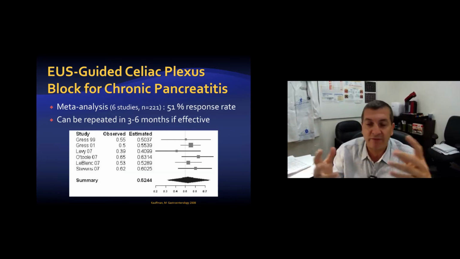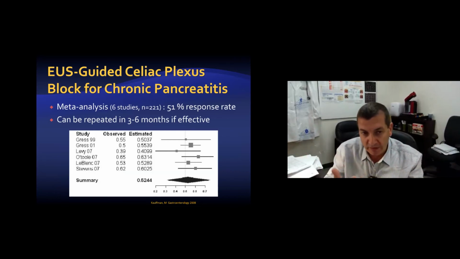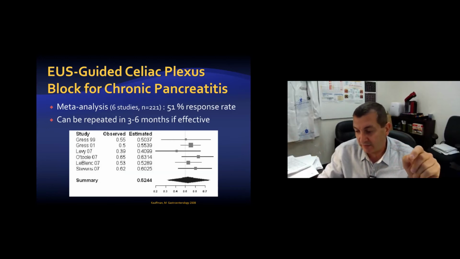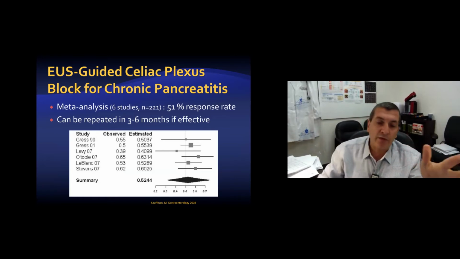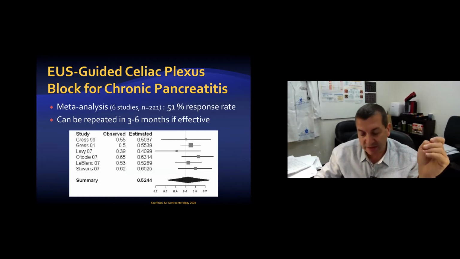That's why we have only a 50-50 chance of improving the pain. Not only that, it only lasts about 3 to 6 months, and that's if it is effective. So you have a 50-50 chance of improving the pain score for those patients, and then it only lasts 3 to 6 months, it doesn't last too long.